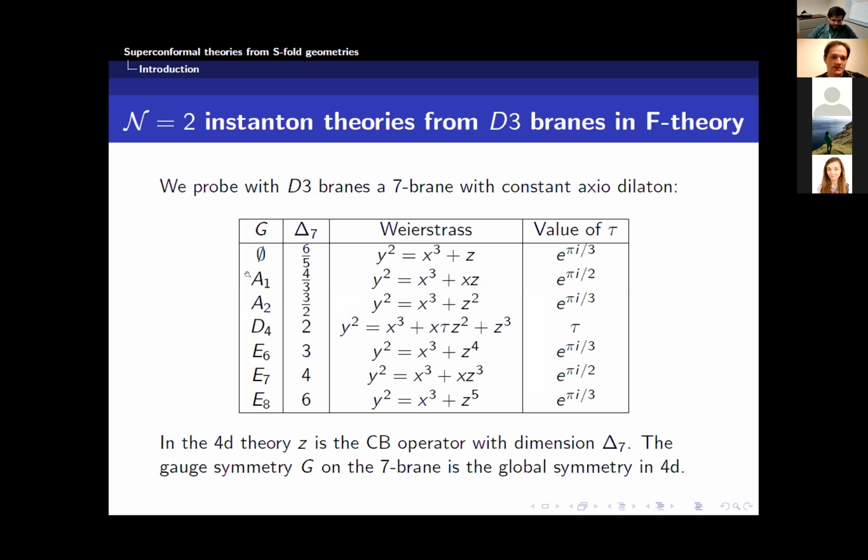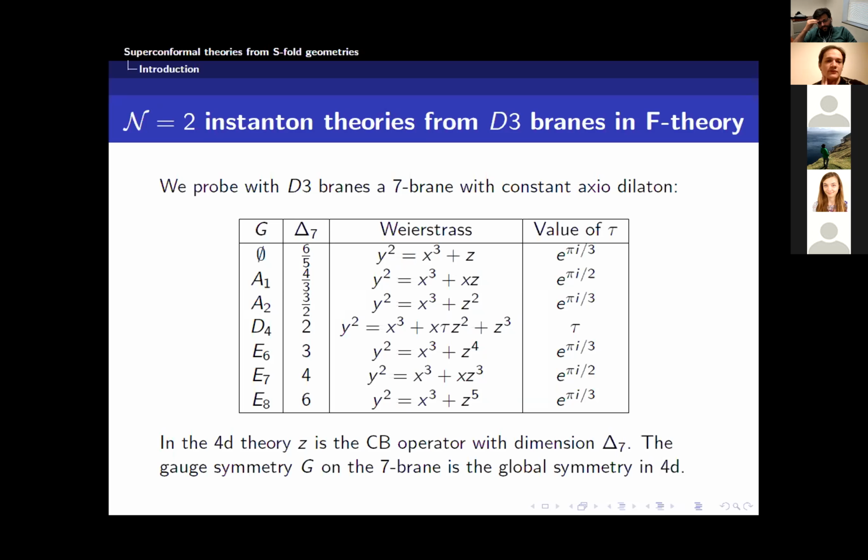These 7-branes support on their worldvolume a gauge symmetry G and are characterized by a deficit angle. This means that the angular variable around the 7-brane has periodicity 2π over Δ_7. If I probe this stack of 7-branes with D3 branes, I get N=2 theories in 4D, whose Higgs branch is the moduli space of G-instantons in flat space.